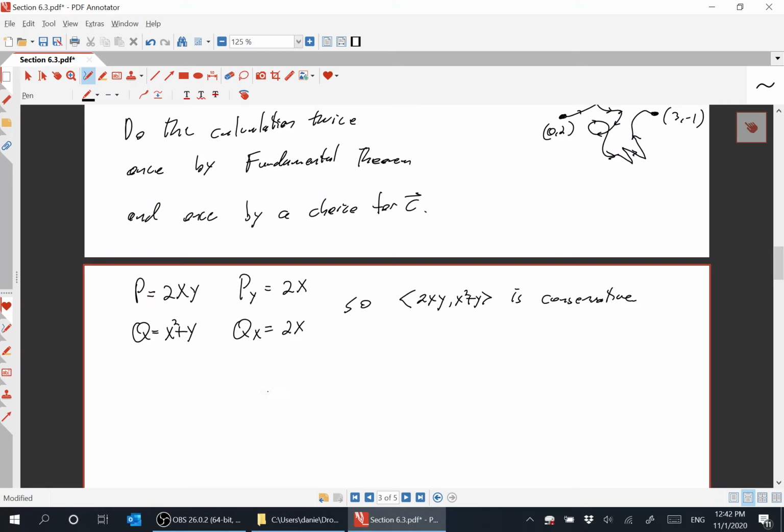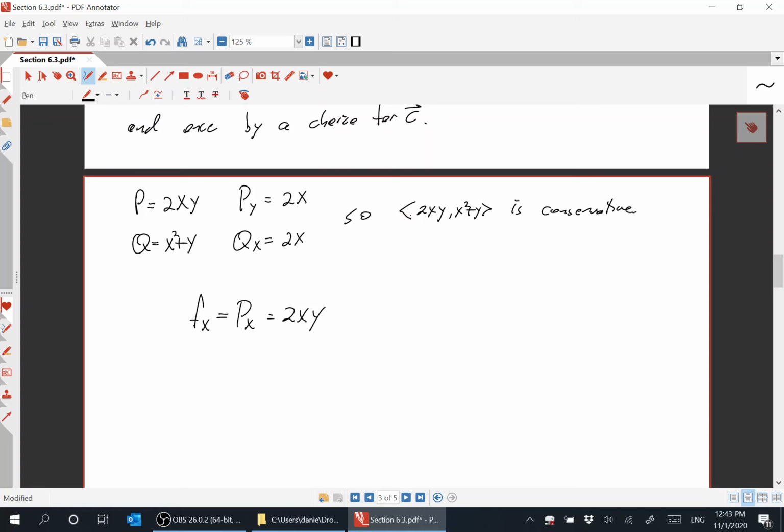So P is supposed to be the derivative with respect to x of a given potential function, 2xy. If we take the antiderivative of this, it gives us that f(x,y) is equal to the antiderivative with regard to x, which is x squared y plus an arbitrary constant. What's the arbitrary constant when you're taking the derivative with respect to x?